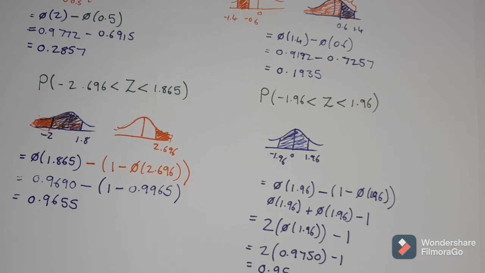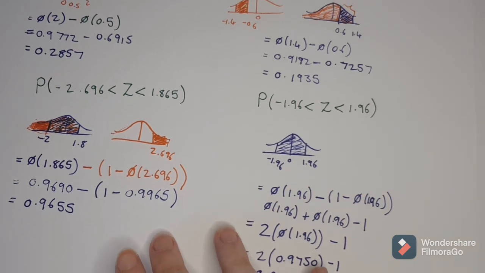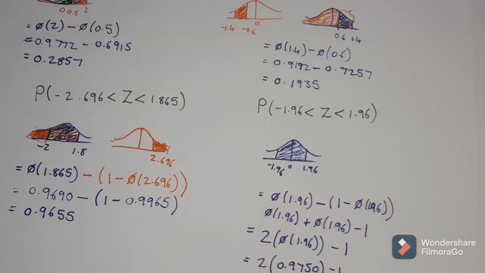But in your questions, the first thing you're going to be given is X, because we're going to be dealing with variable X. So before I can even look at the tables like these, I have to know how to standardize my X value and turn it into Z in order to look it up on the table to find the probability. Okay, so that's what I will look at in the next video, is how we standardize Z.